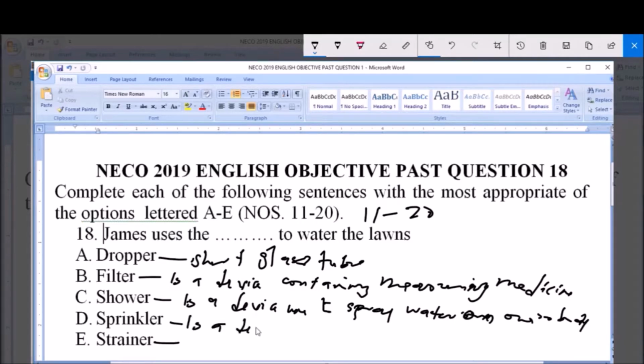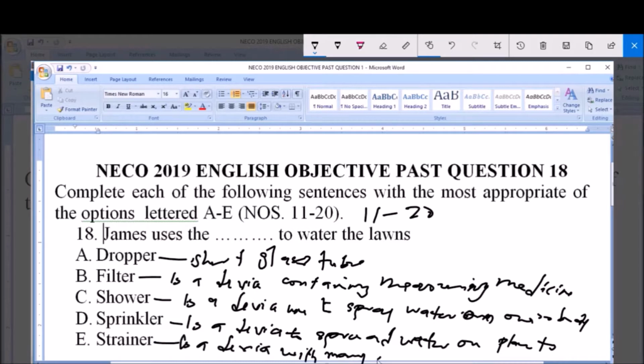Then strainer is a device with many holes, but by this question the correct option here is sprinkler.